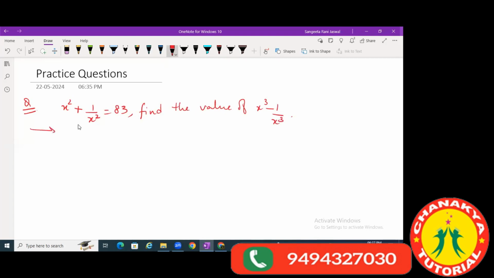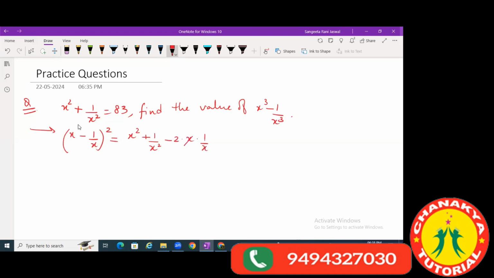So here what will you do? x minus 1 by x. Since here a is x and b is 1 by x, I'm just taking this side and squaring it. When I square this, I'll get x square plus 1 by x square minus 2 into x into 1 by x.